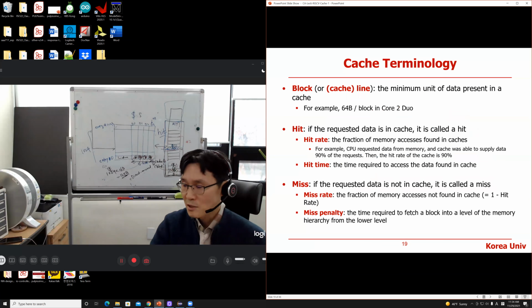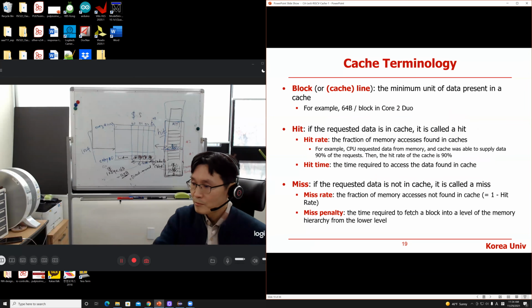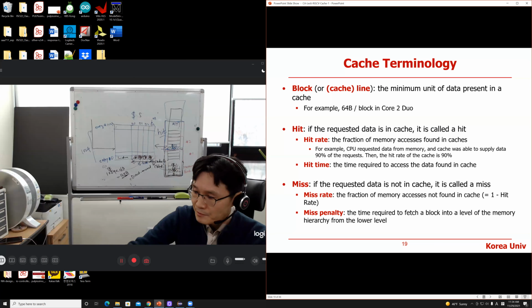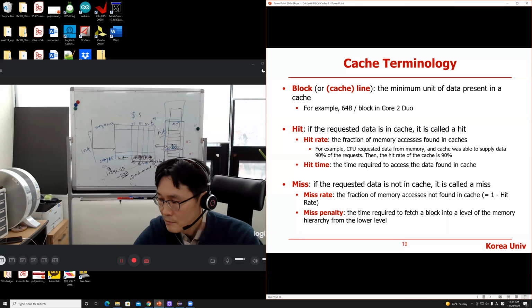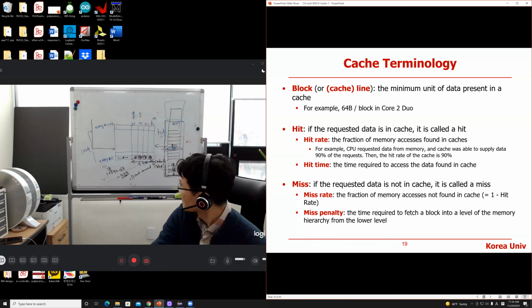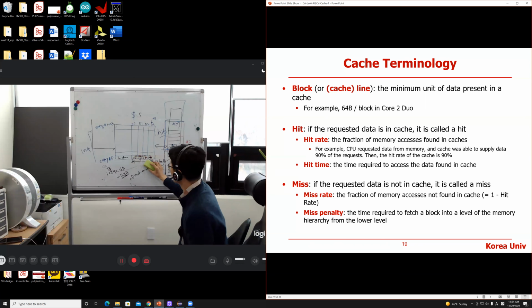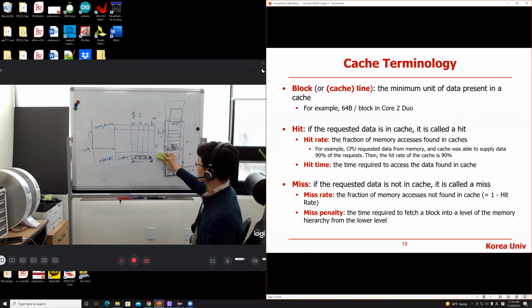Okay, some terminology. Seungmin, can you please? Cache terminology: block or cache line, the minimum unit of data present in a cache. For example, 64-byte block in Core 2 Duo. Hit: if the requested data is in cache, it is called a hit. Hit rate: the fraction of memory accesses found in caches.